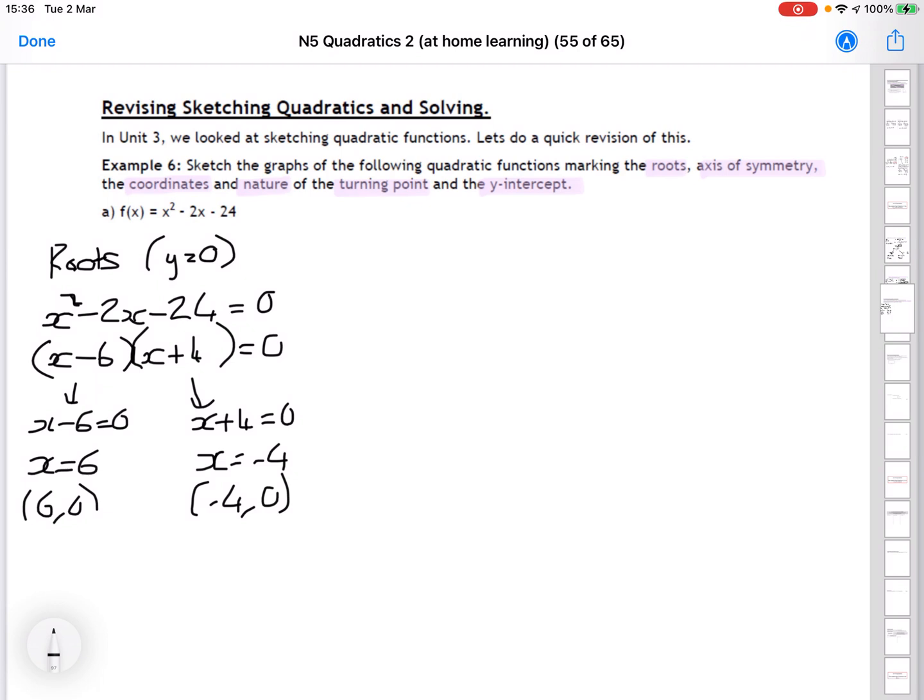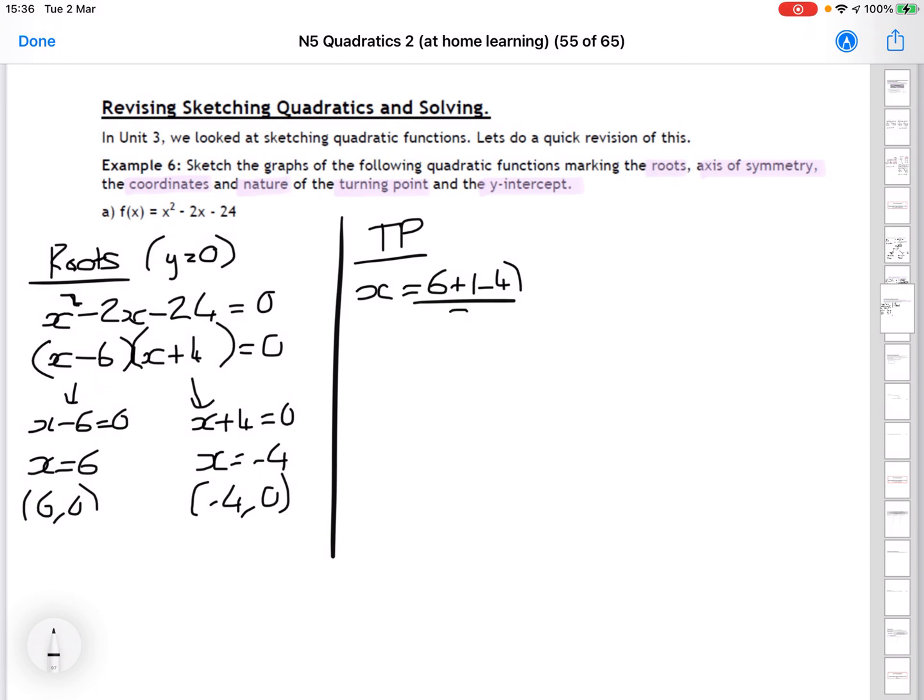Then we would need to look next at our turning point. So I'm going to do that as a separate piece of working. So turning point. And for your turning point, your x-coordinate is halfway between your two roots. So we add the x-coordinates and half it. So 6 plus the minus 4 and then divide by 2.